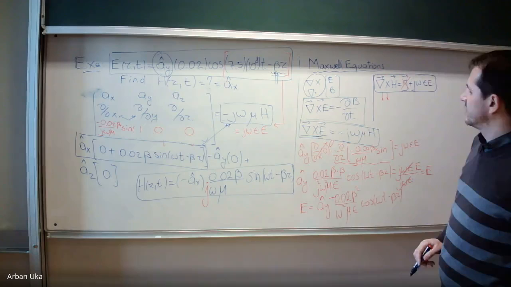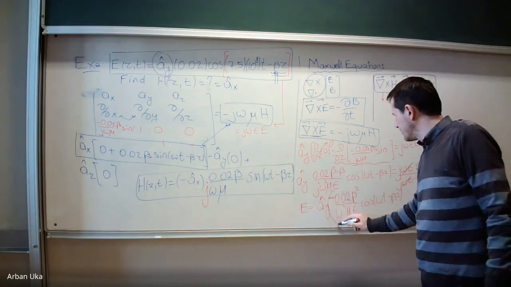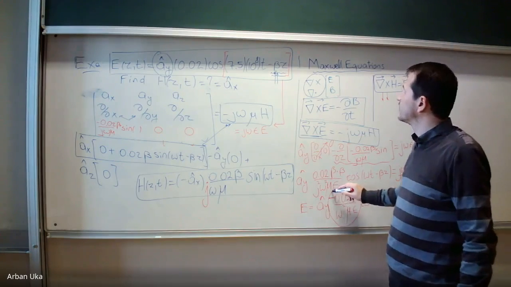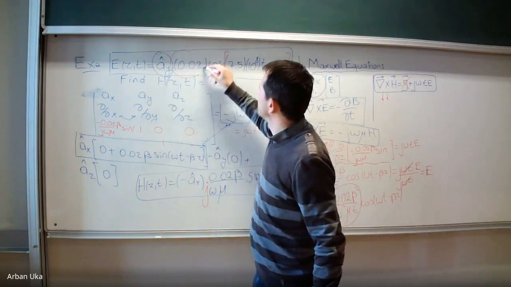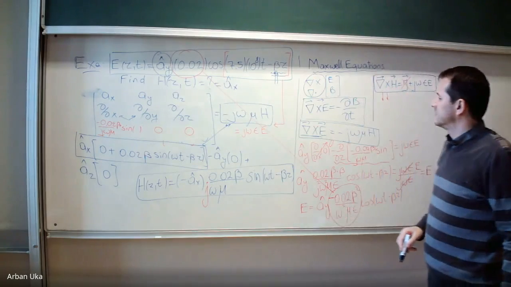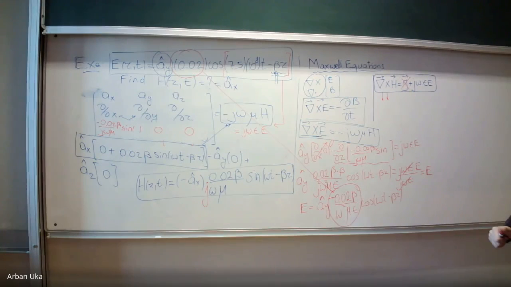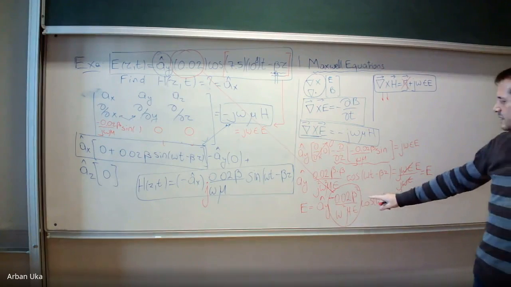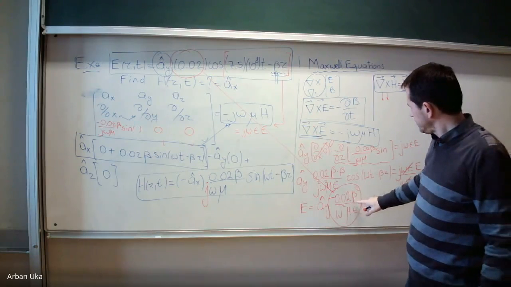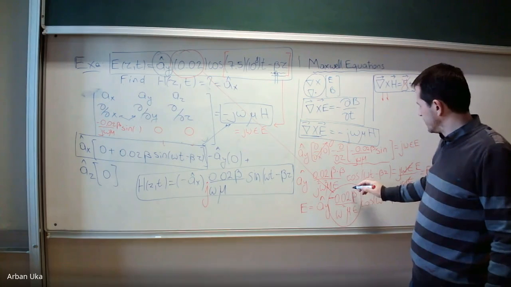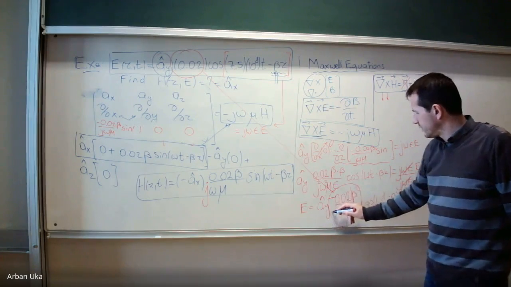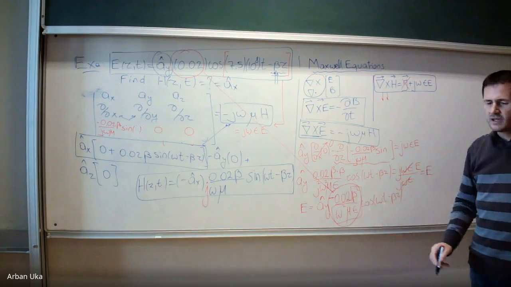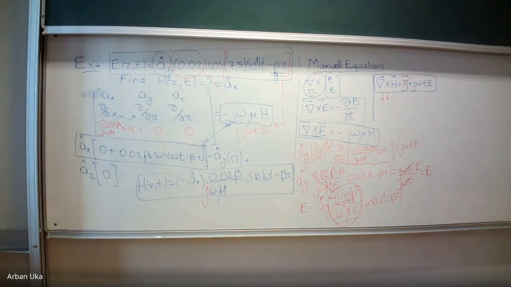Now this absolute value here is going to be equal to this absolute value here, and from this expression we can easily get that in principle the magnitude of these factors is going to be equal to 1.